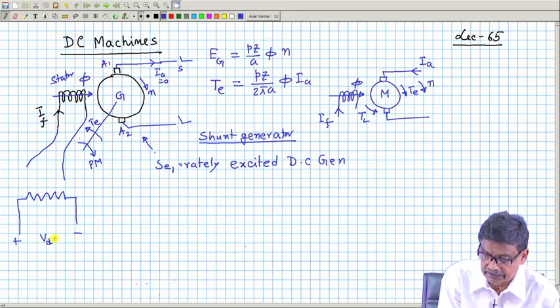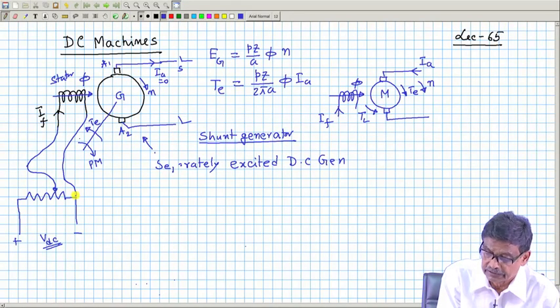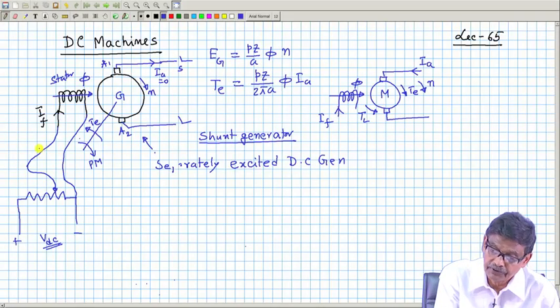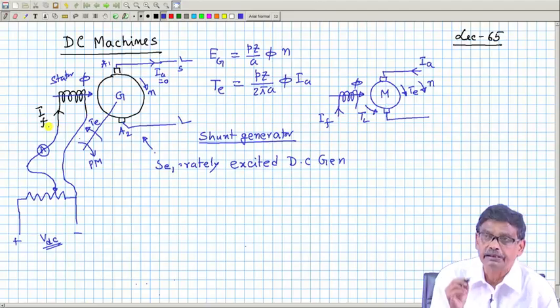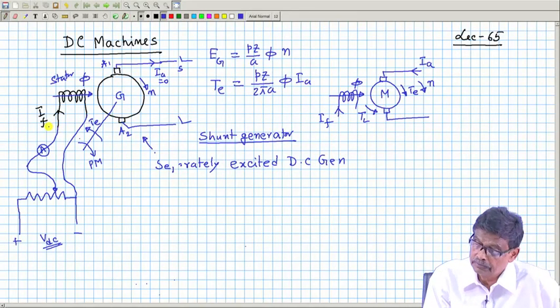You should have a separate DC source, and then you make a potential divider connection, so that you can gradually increase the voltage from 0 if you put the rheostat variable point towards the left. If you connect an ammeter here, the field current can be increased. So, this is separately excited.